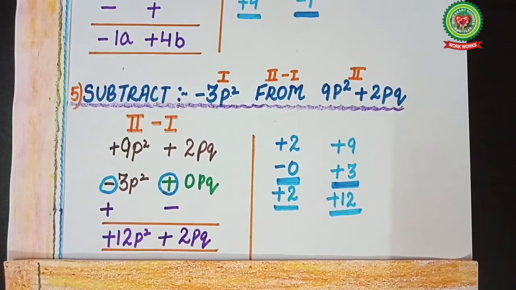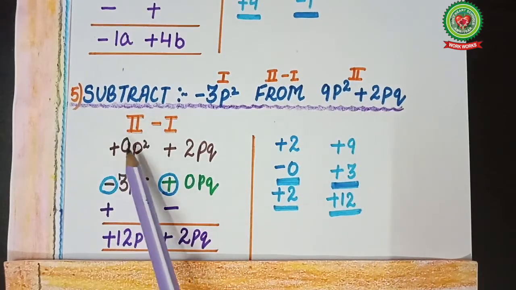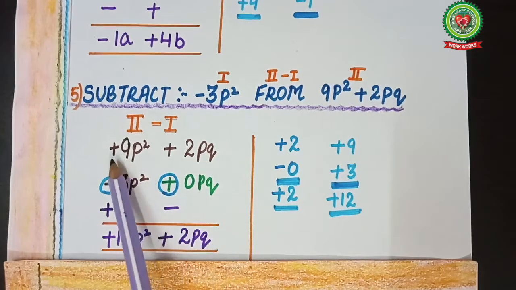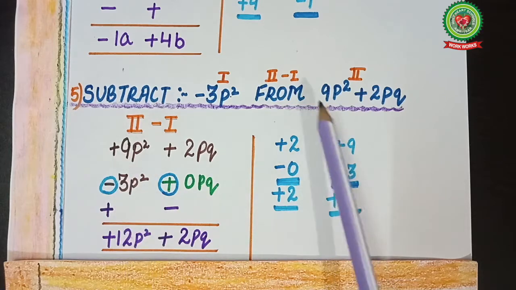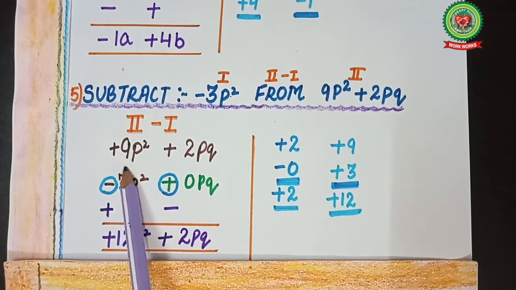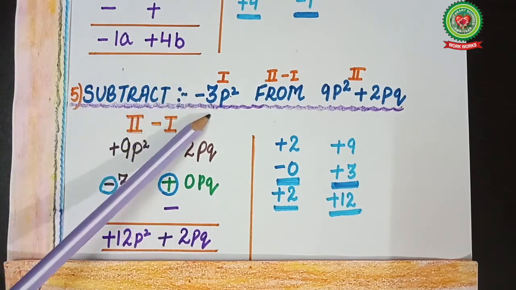Now here we will start our question by following the first step: we have to write second minus first, so we write the second expression first. Now here you can see that the second expression is 9p square plus 2pq. So here plus 9p square plus 2pq. Again why plus? Because in the given statement no sign is there with 9, so that means you put a plus sign here. Next, the first expression is minus 3p square.